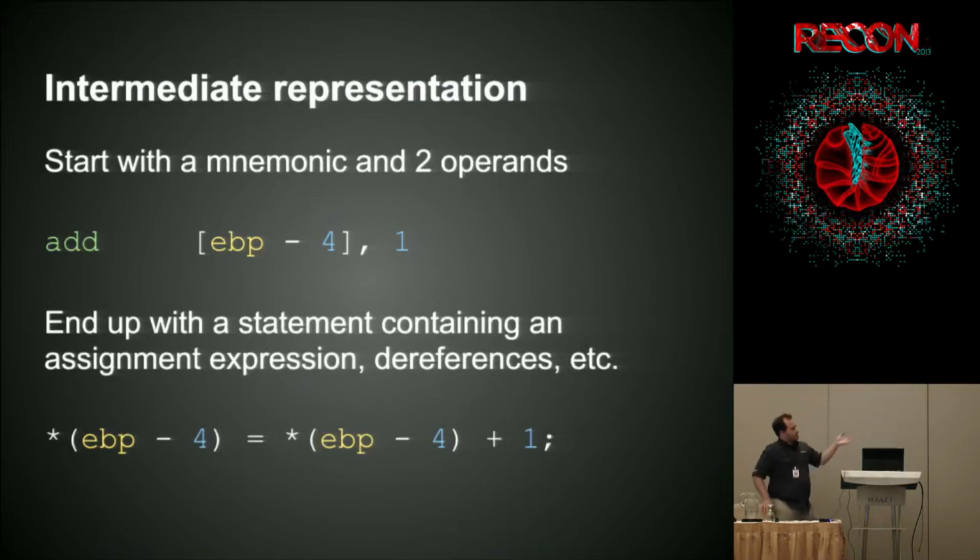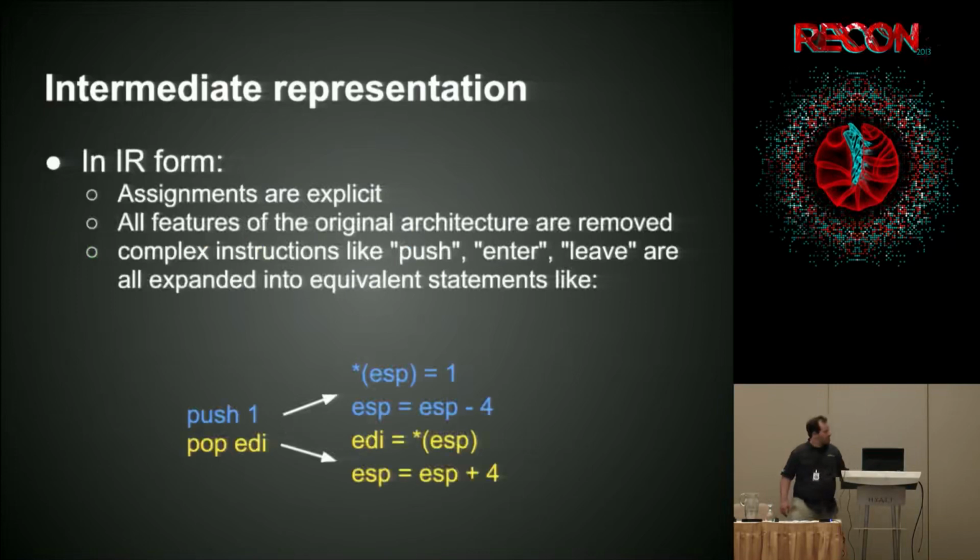And you can see that the add instruction was transformed into an addition. Also the complex instructions are expanded into their alternate form, like in expressions. So you have a push here, that's actually an assignment on the stack, and adjusting the stack pointer. So you have everything expanded.